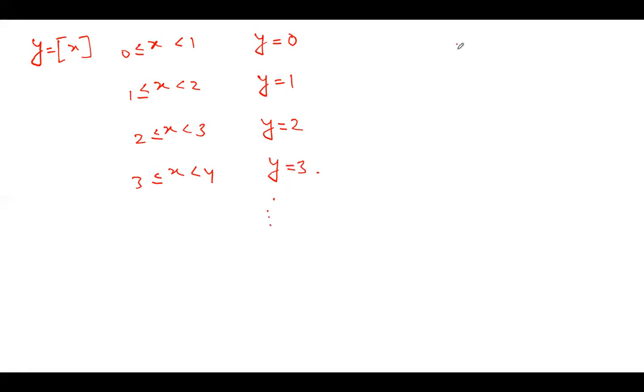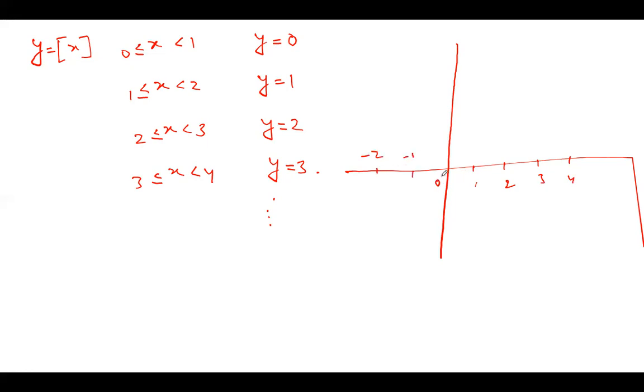So if we have to draw the graph, right, on this axis 0, 1, 2, 3, 4, and so on, minus 1, minus 2, right? When x is lying between 0 and 1, y will be 0.